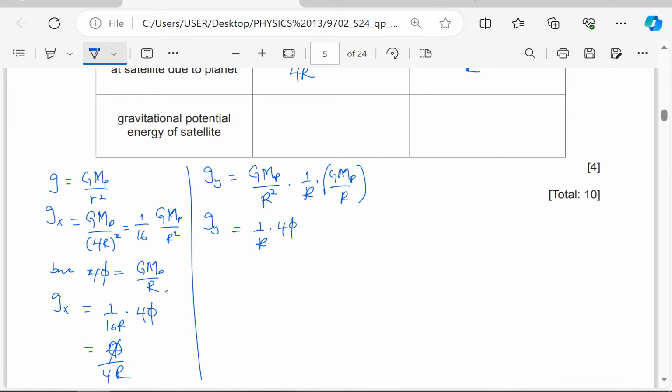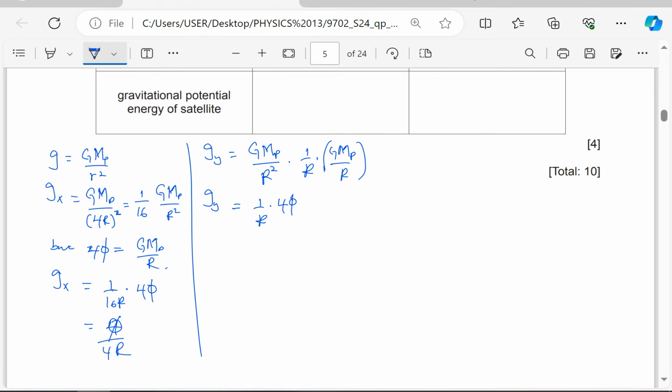Then gravitational potential energy. Of course, we know that gravitational potential energy is the mass times the gravitational potential. So the potential energy, I'll write E, is going to be equal to, of course, negative. The minus is not optional, it is compulsory. It's negative gravitational potential times the mass.